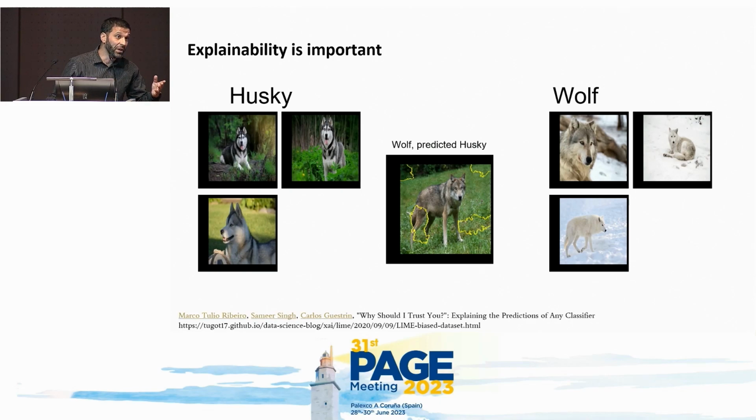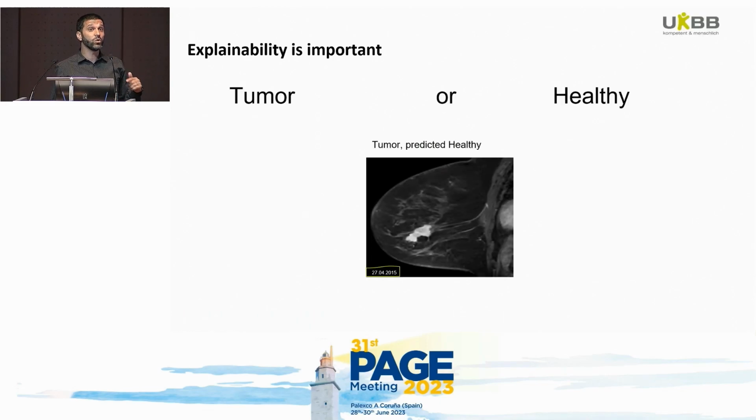That could be funny, but it also happens when we try to do machine learning on tumors. People take all the healthy samples on one date, and all the sick people on another date. Then we see a machine learning that focuses on the date. So we need to mitigate this bias.